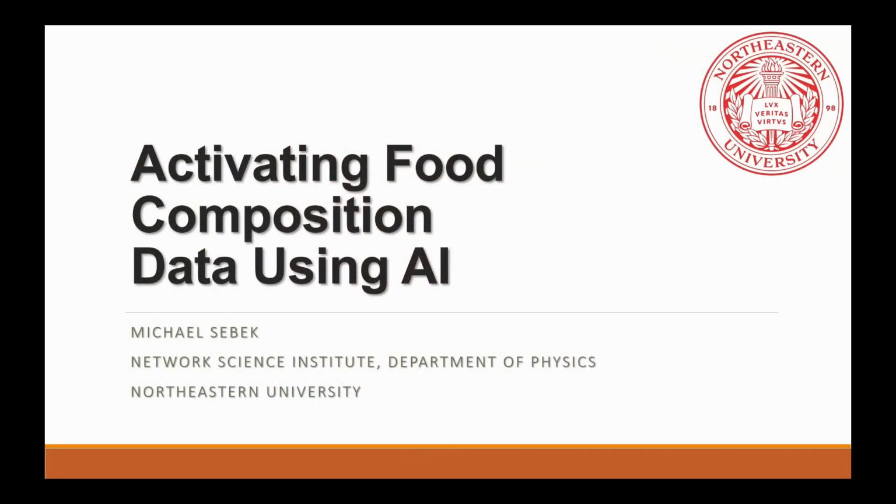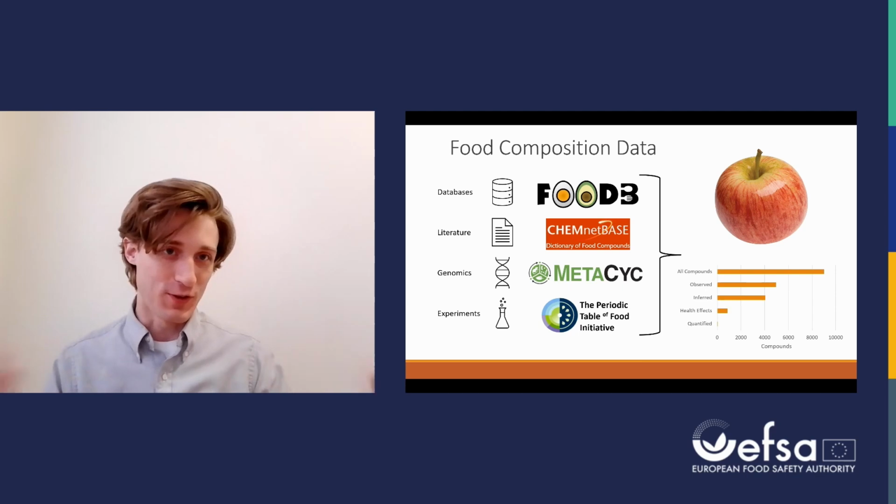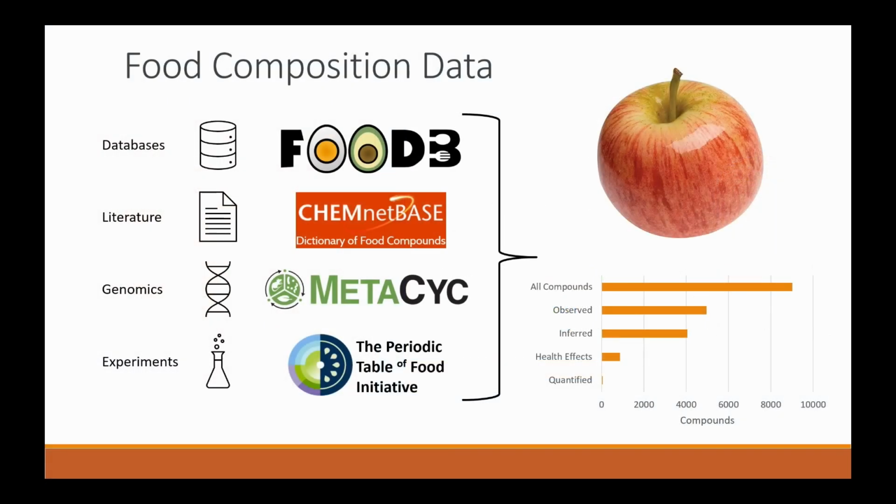I'm going to talk a little bit about what happens after the data extraction that we saw earlier by Tome, right? How can we take these lists and activate them and extract health-related information from those things? You can take data from different sources, databases, extraction from literature, genomics, and experimental results, and you can get a collection of data for any particular food item.